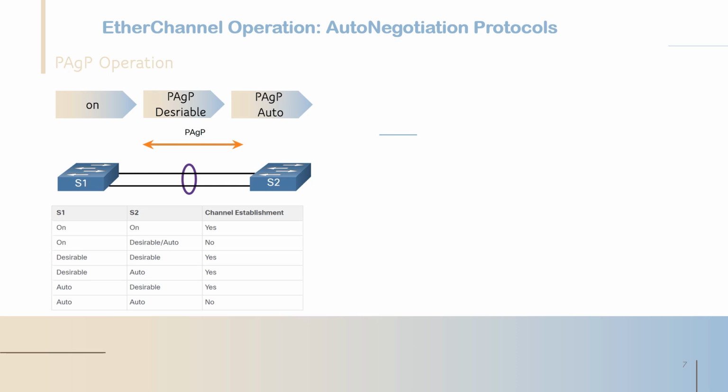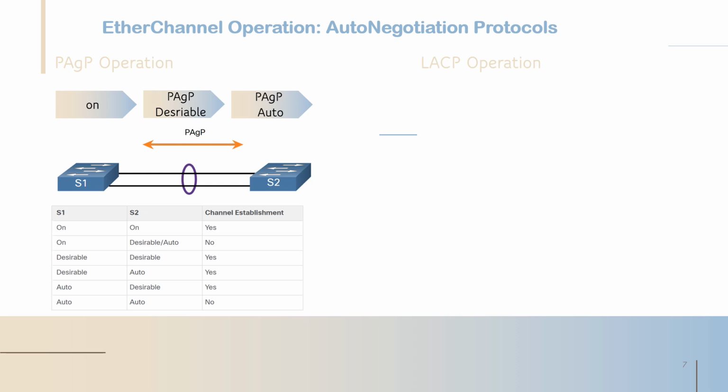And now let's go with the other auto-negotiation protocol, which is the Link Aggregation Control Protocol, or LACP. LACP is part of the IEEE standard that allows several physical ports to be bundled to form a single logical channel.